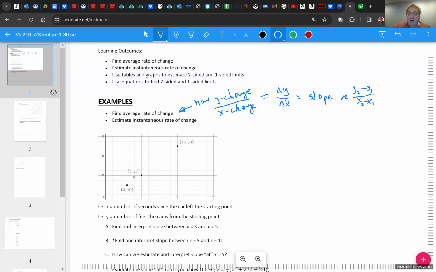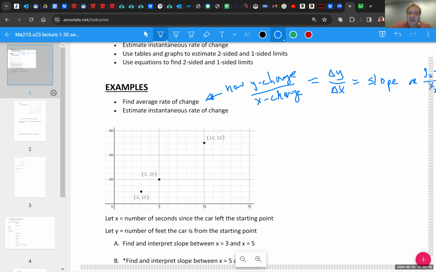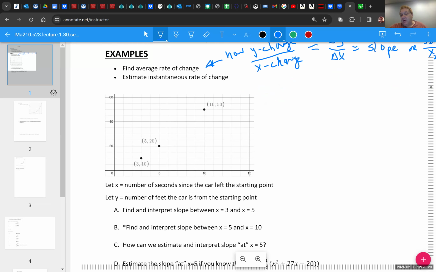I have some data here on this little grid. I'll zoom in a little bit, maybe to make it easier to see. So we have some points: (3, 10), (5, 20), and (10, 50). I've also tried to put a little context into this. Let x be the number of seconds since a car left its starting point, and y be the number of feet the car is from that starting point.